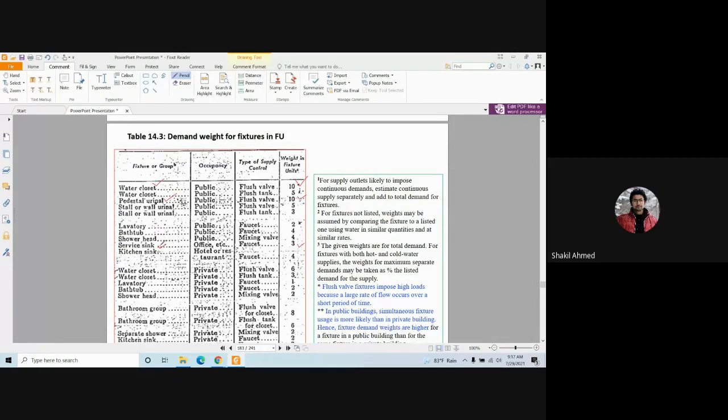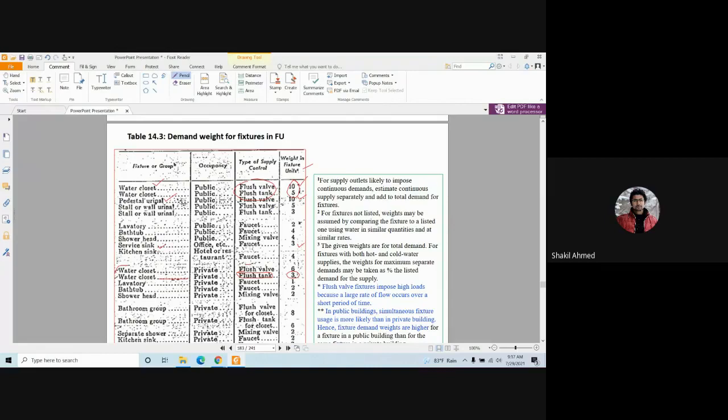Okay, look at this. Flush valve, water closet, how many? 10. Flush tank, water closet, how many? 5.